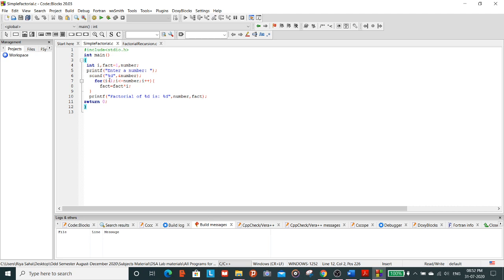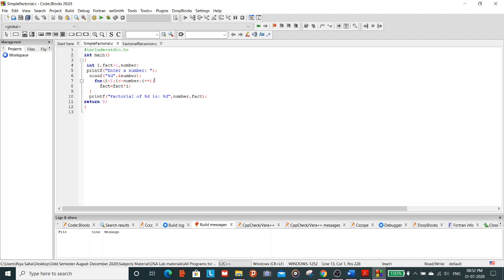That means now it becomes 2. Again the condition is checked: 2 is less than or equal to 5, since we need to find 5 factorial. Yes, again control comes here. Fact equals fact into i, so 1 into 2 gives 2.